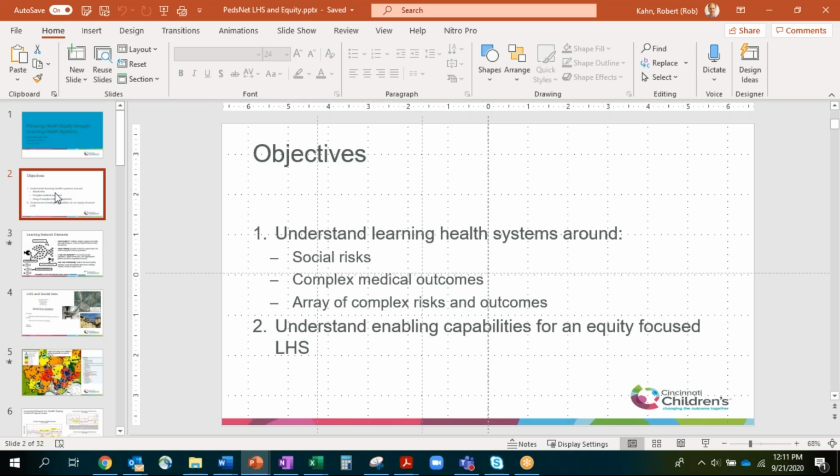Three different mini presentations, each of rising levels of complexity: a learning system specifically focused on some social risks, a learning system around solving a wicked health problem, and then ultimately saying no social risk, no one health problem exists in isolation. How do we see that whole system's approach with multiple big dots that we're trying to move and design for equity in that kind of a system? And then along the way, understanding a little bit about what some enabling capabilities are.